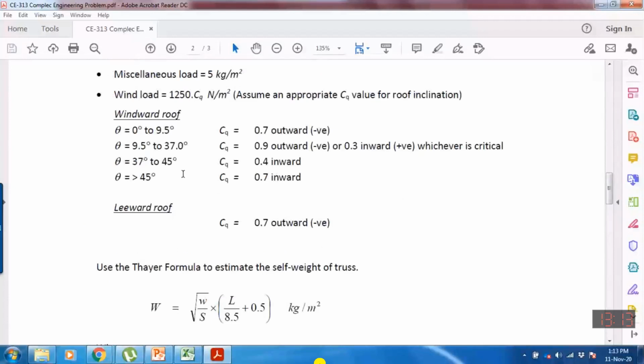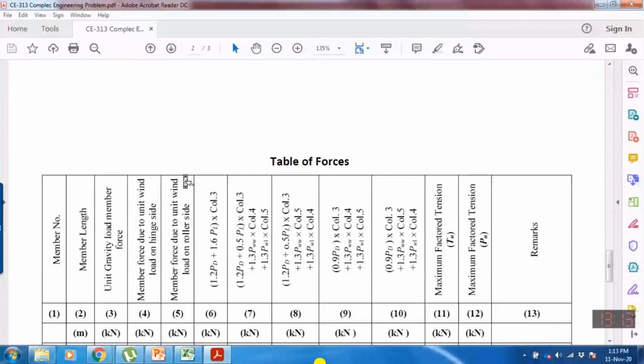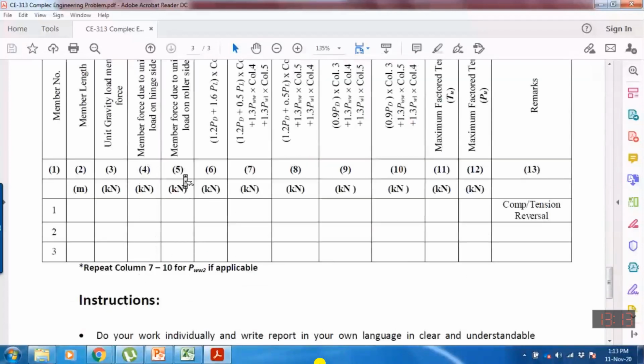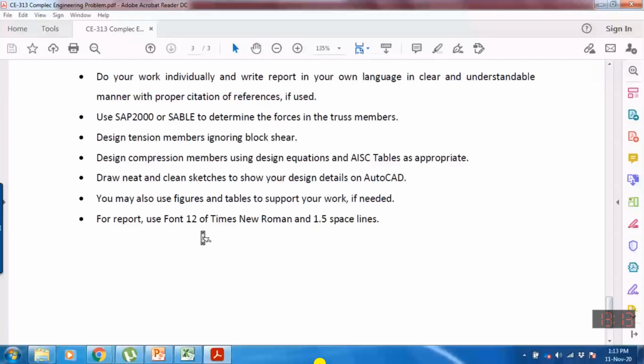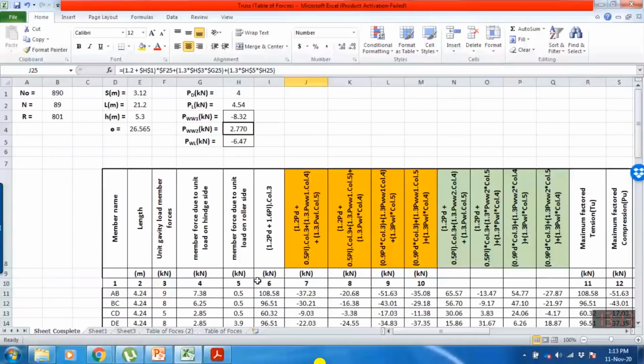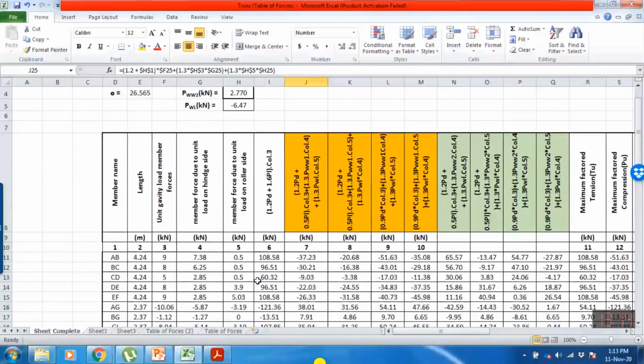And then at the end, you need to develop this table of forces, and you need to repeat columns 7 to 10 for PWW2 because you might have two windward loads. So detailed instructions are provided. And this is an example. This is one table of forces that a student developed last year, and I am just sharing it with you. In the first column, this is the member name.